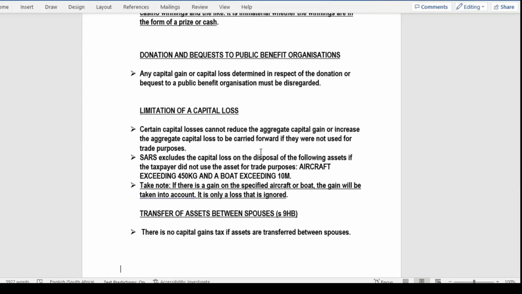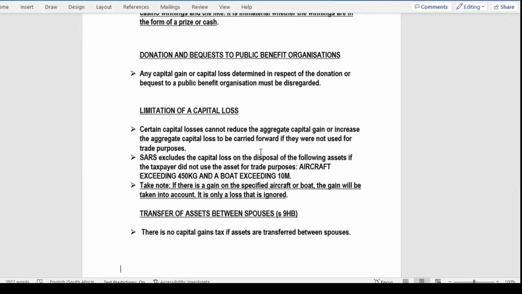Limitation of a capital loss. Certain capital losses cannot reduce the aggregate capital gain or increase the aggregate capital loss to be carried forward if the assets were not used for the purpose of trade. SARS excludes the capital loss on the disposal of the following assets if the taxpayer did not use the asset for trade purposes: an aircraft exceeding 450 kg and a boat exceeding 10 meters.